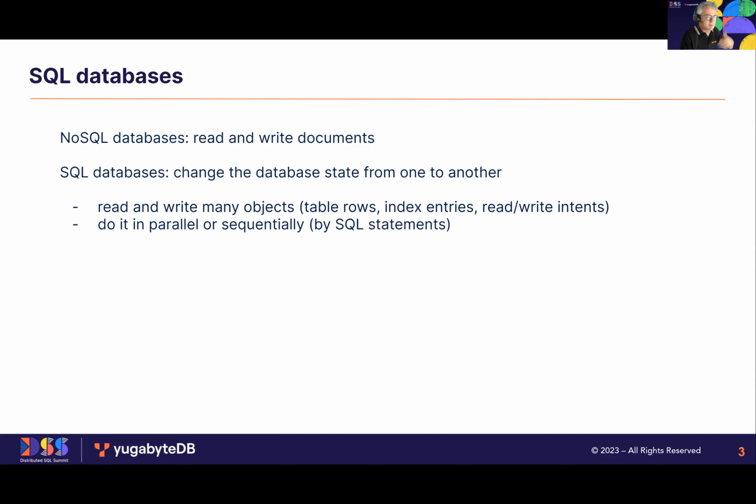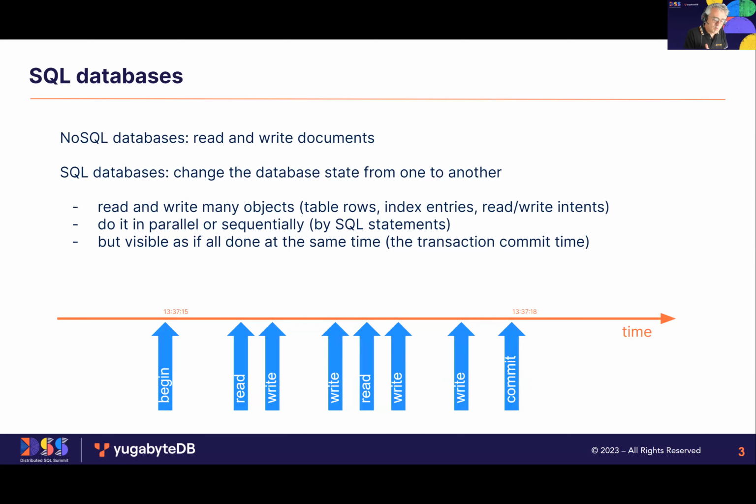That can be done sequentially because you run one statement after another, but also in parallel. For example, when you insert in a table that has a secondary index, in parallel, there are writes to the index and writes to the table. But the point is that everything you do must be visible only at a single point in time when you commit.